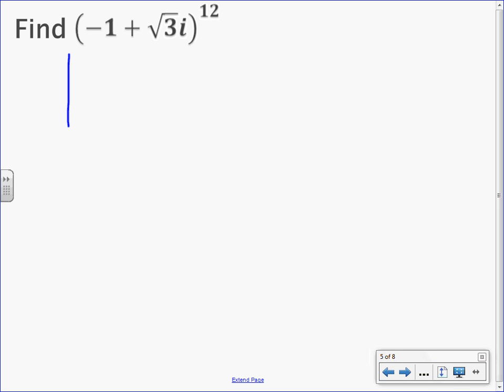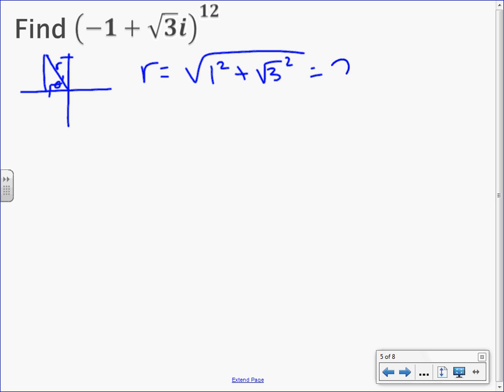What quadrant are we in? Second. Okay. So this is r, and here is theta prime. What is r? Radical 3 over 1, right? Our reference angle is what? 60 degrees.